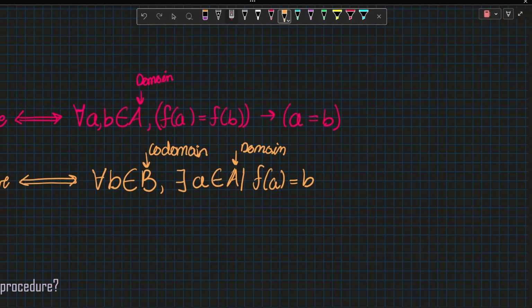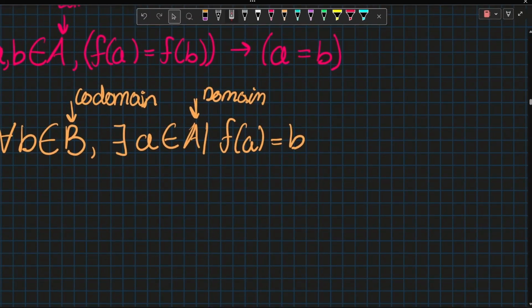Or actually, no, the exact definition is that all outputs b are mapped by some input a.